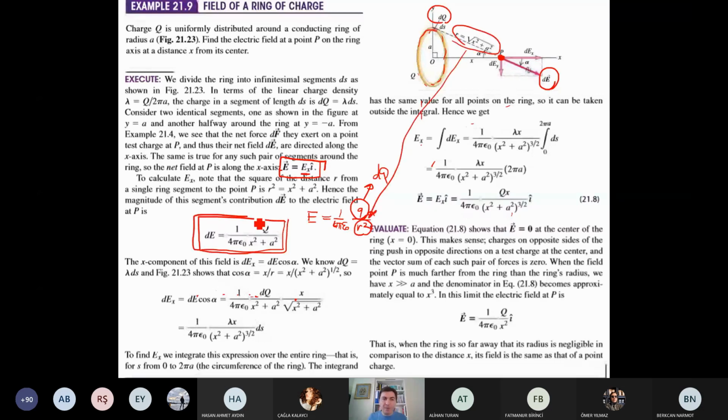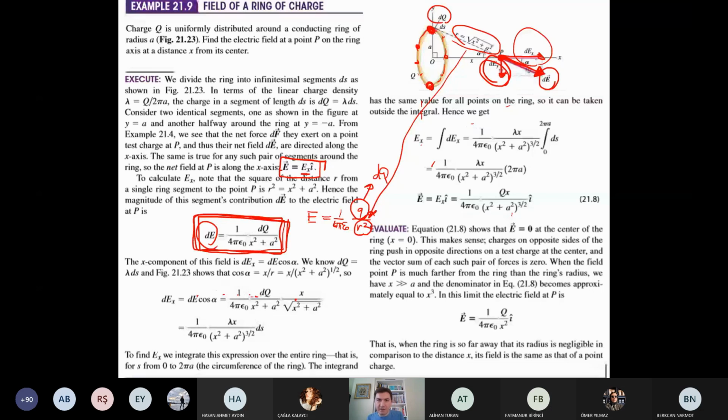Then what about the x component of this field? This field is produced by the dq charge, a very small segment of the ring, and it has an x component, dEx, and it has a y component. Since the y components are cancelled by the opposite segments, we only have the x component. For this reason, I will only deal with the x component. To calculate the x component, I can write dE times cosine alpha.